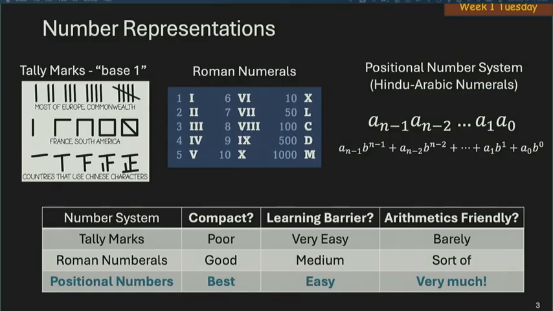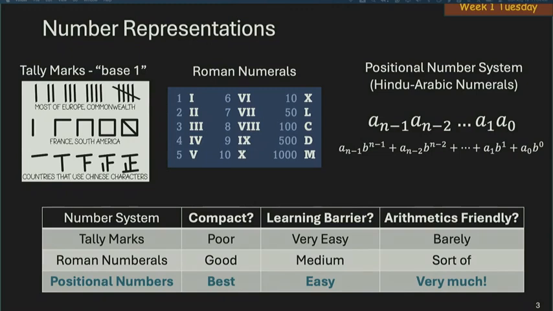And in terms of arithmetic friendliness, with tally marks you can barely do arithmetic. You can do addition by just copying one number over to put it next to another number, but that takes a lot of work. Subtraction is a little more difficult. You have to cross out some of these tally marks, which is not very visually pleasing.